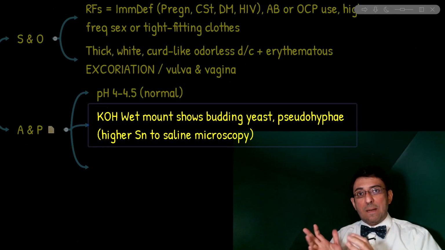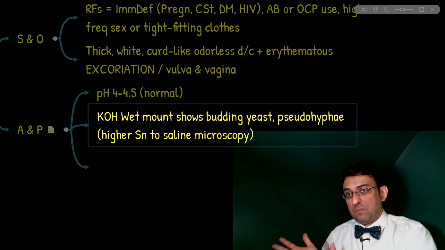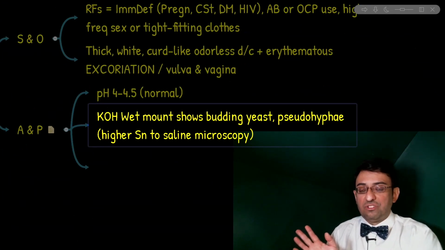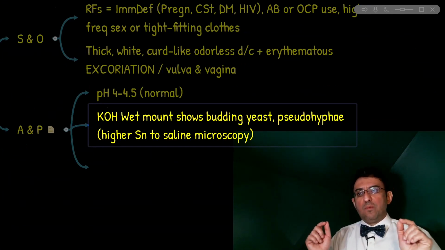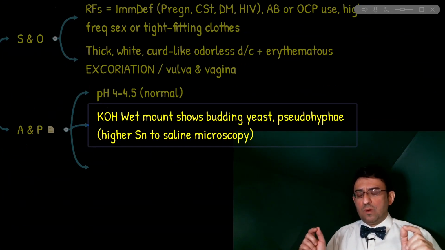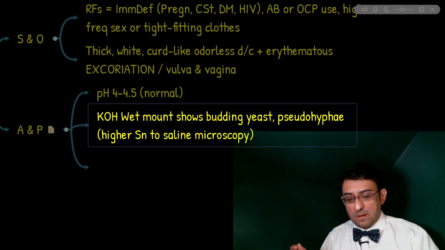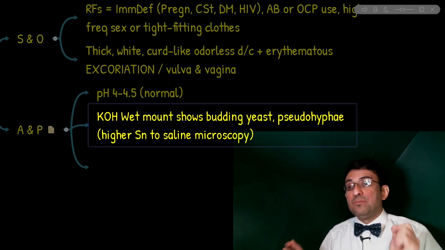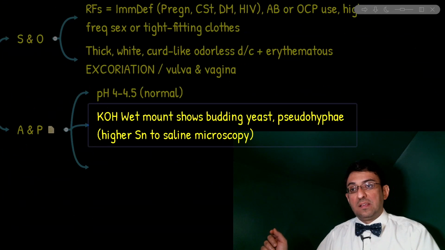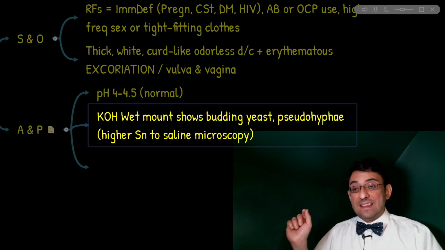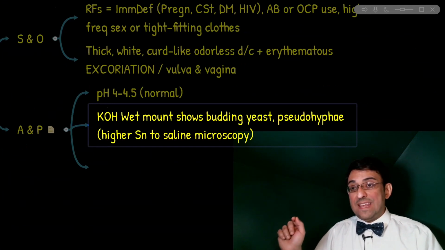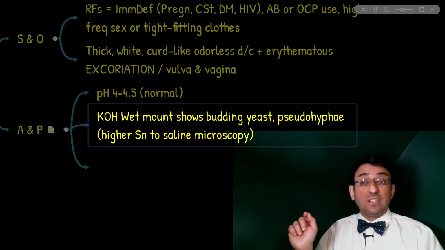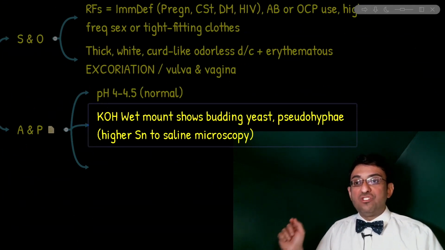Remember, the previous ones, bacterial vaginosis and Trichomonas vaginitis, could be identified with saline wet mount microscopy. The whiff test was the smell when we apply KOH to the vaginal discharge. But in the case of Candida vulvovaginitis, we need KOH, not saline, but KOH wet mount.